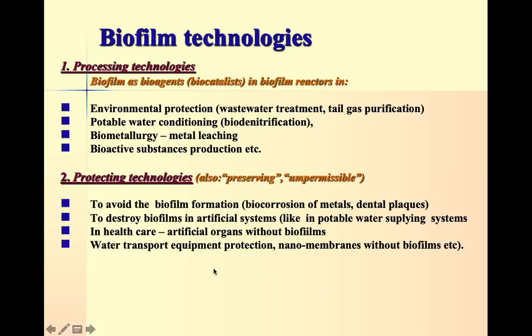Even in the biotechnology laboratory, lots of microorganisms can grow, even your PCR machine and other machines, and they are one of the important factor for affecting the efficiency, even the working ability of the equipment.